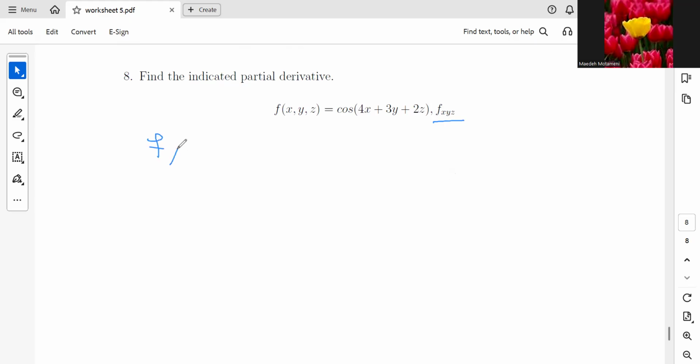So f with respect to x of x and y and z will be the overall function here is a cosine. So it is cosine of something. So it means that when we are finding the derivative with respect to x, we should find the derivative of the inside with respect to x. And the derivative of cosine is negative sine of whatever you have here.